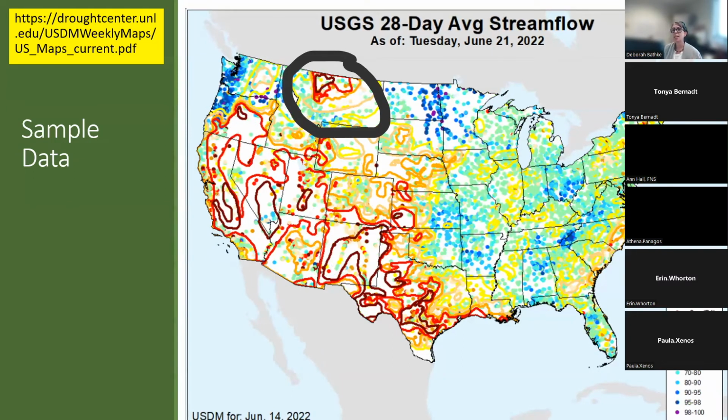And then we might look at, well, how did that rainfall affect stream flow in the area? Here, as you would expect, the bluish cool colors represent wet conditions. The yellows and the reds and the warmer colors represent dry conditions. Most of the stream flow in the area looks pretty good.